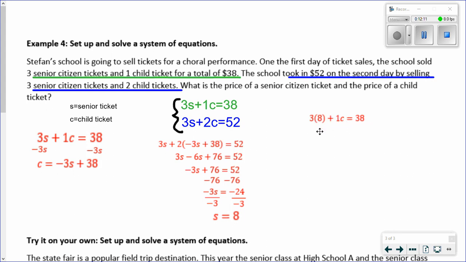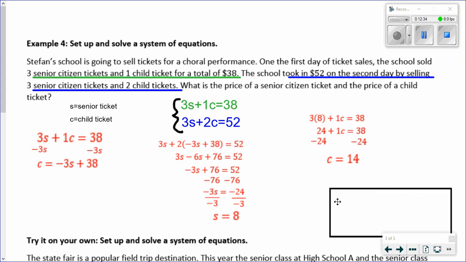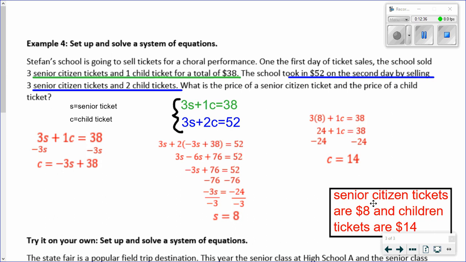So I'm going to simplify. 3 times 8 is 24, plus c equals 38. Subtract 24, so I get c equals 14. So the child's ticket is $14. Now, I am not going to write this as an ordered pair, okay? Because this is a real-world problem, I'm just going to answer the question, okay? Which is, senior tickets are $8 and the children's tickets are $14.